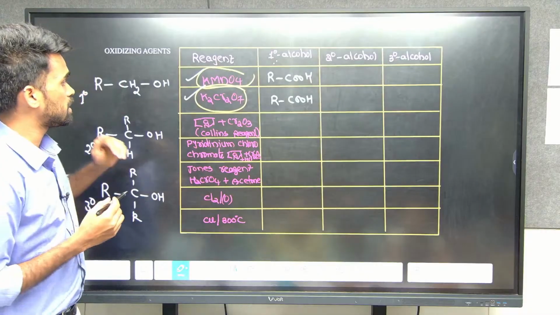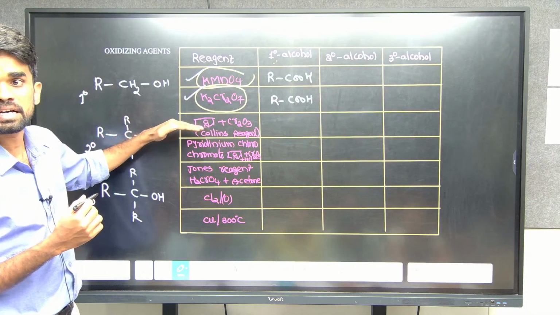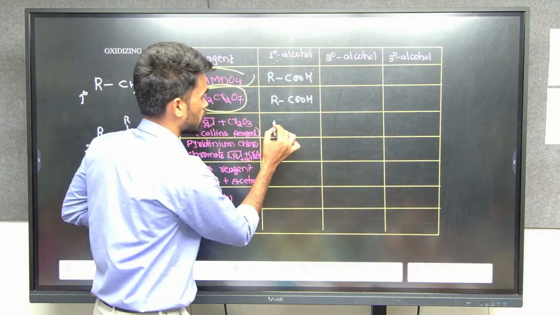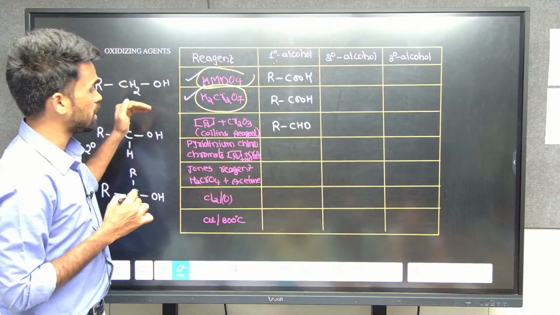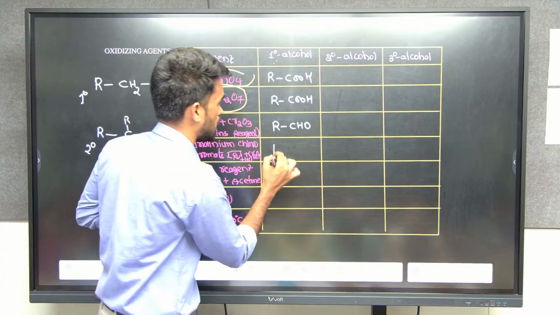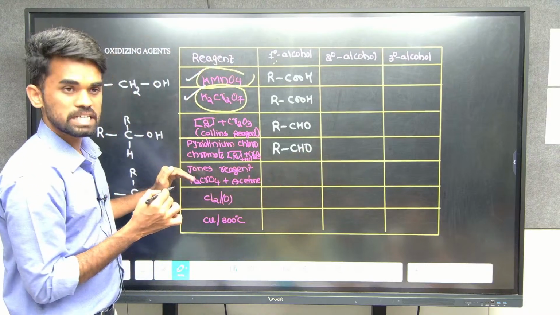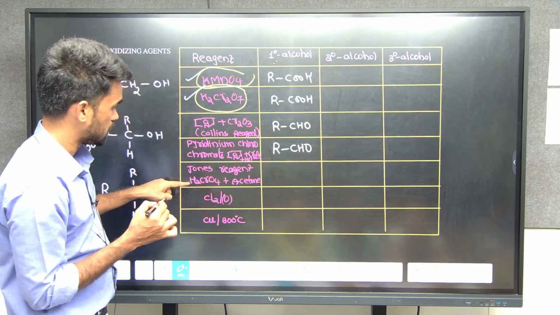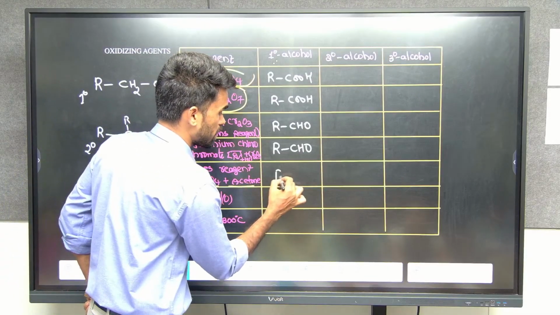Next, when I treat these primary alcohols with Collins reagent, you are going to get aldehyde. With pyridinium chlorochromate also you get aldehyde. With Jones reagent, which means H2CrO4 and acetone, you get carboxylic acid.